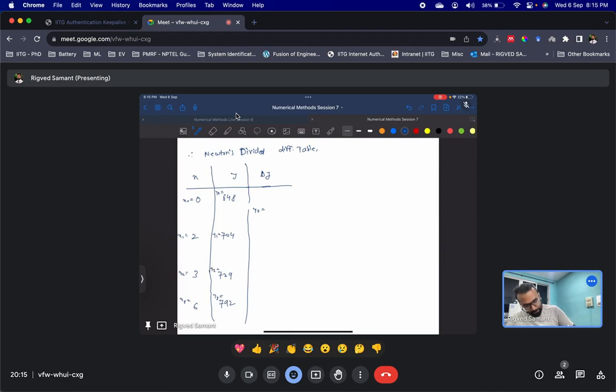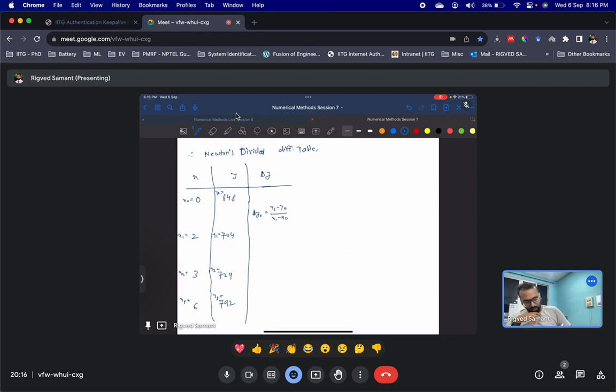Okay, so now what we want to do, delta for divided difference at 0. So it's y1 minus y naught divided by x1 minus x naught.